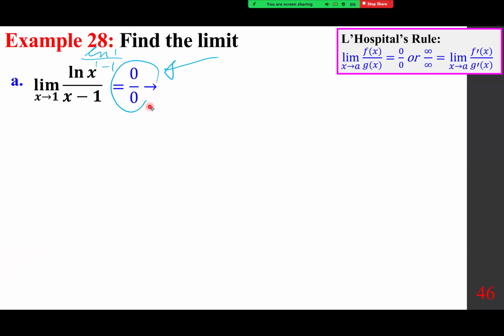Now, the notation that they put, sometimes they put an equality with H at the top. That means they're using L'Hopital's rule. So I'm going to take the derivative of the top, which is 1 over x, and the bottom is 1. And I'm using L'Hopital's rule, okay?